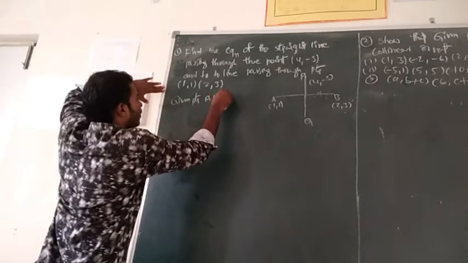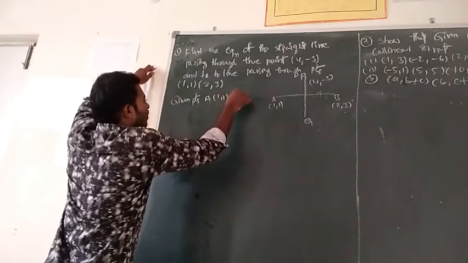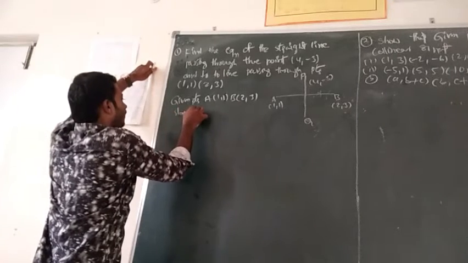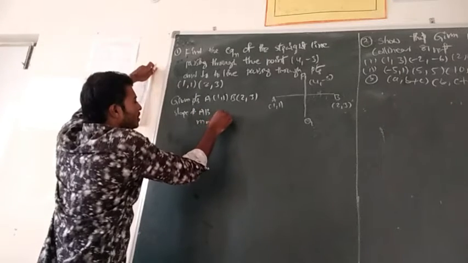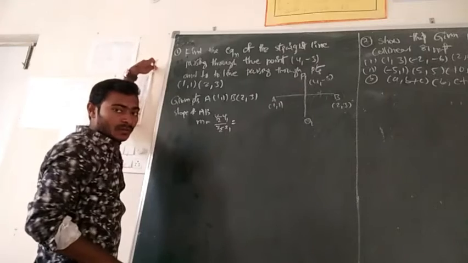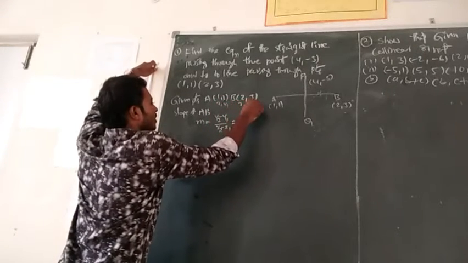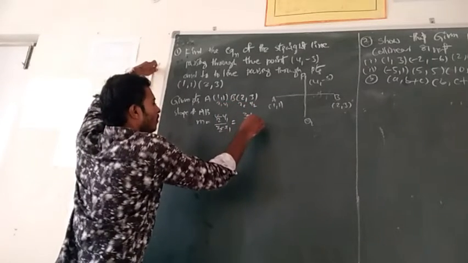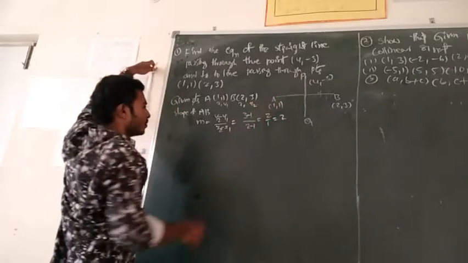Given points A (1, 1) and B (2, 3). Now the slope of AB: m equals (y2 minus y1) by (x2 minus x1), the slope formula. Here this is x1, y1 and this is x2, y2. So (3 minus 1) by (2 minus 1), 3 minus 1 is 2, 2 minus 1 is 1, so we get 2.